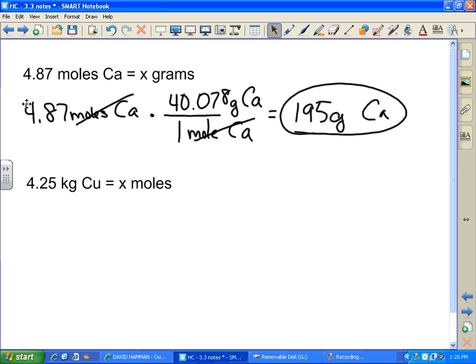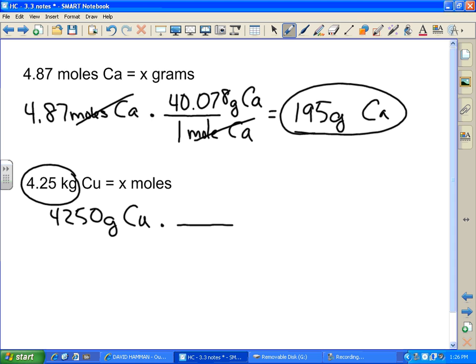In our second calculation, we have 4.25 kilograms of copper, and we're trying to figure out how many moles of copper. First of all, hopefully everybody recognized that it's in kilograms. So that would be equal to 4,250 grams of copper. Again, if you didn't, then your decimal is just going to be off a little bit. So we have grams of copper. Now we're trying to go to moles.